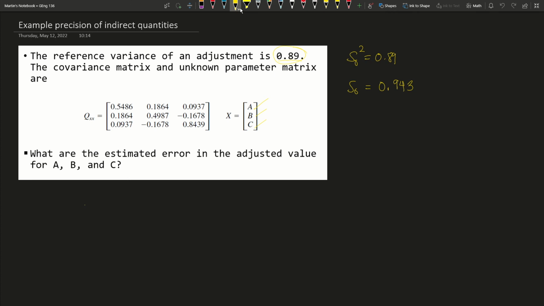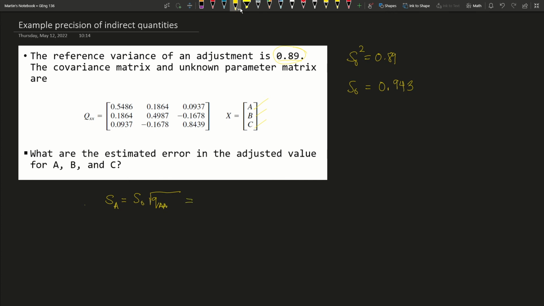To determine the estimated error, we have this equation: S sub A is equal to the reference standard deviation of the adjustment times the square root of the Q matrix element QAA.